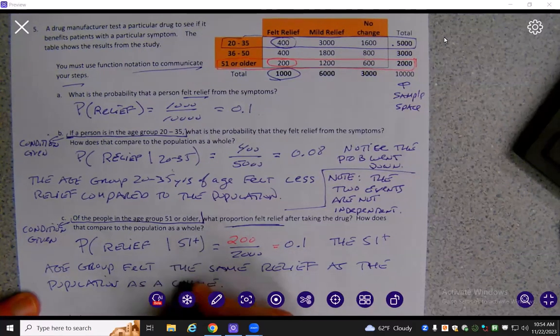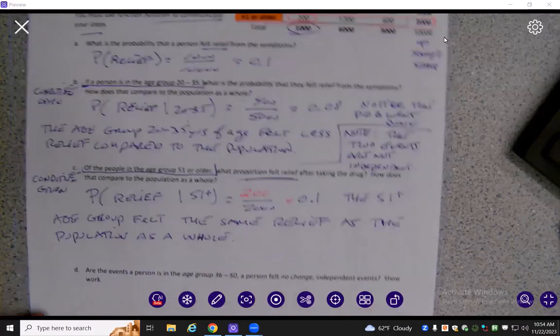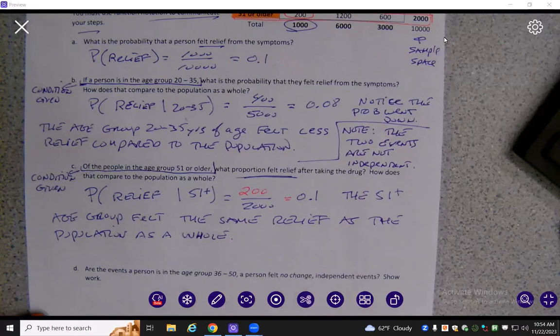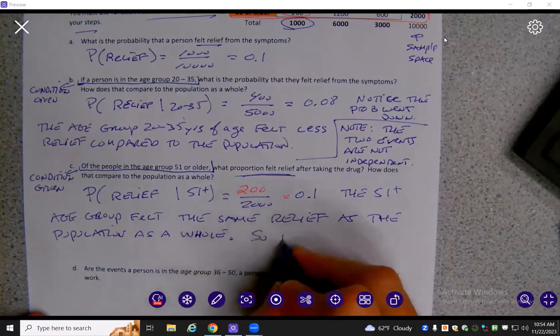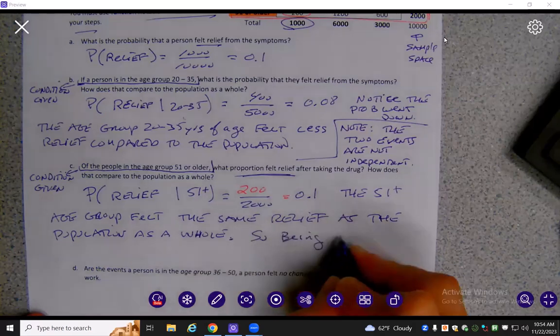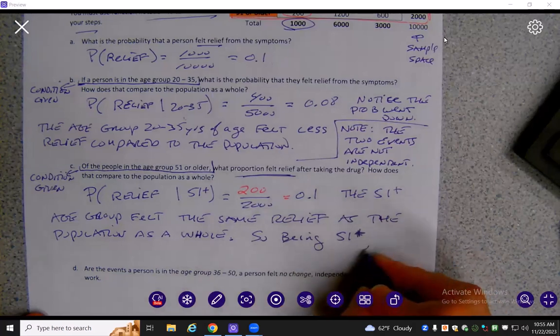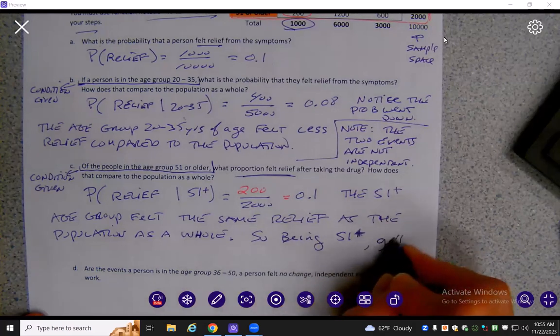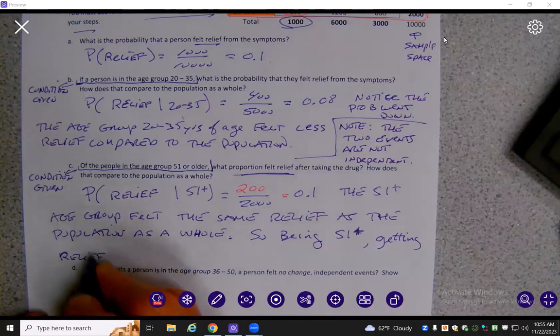Okay. So what does that mean about independence then? Yep. So exactly. So being 51 plus and getting relief are independent events.